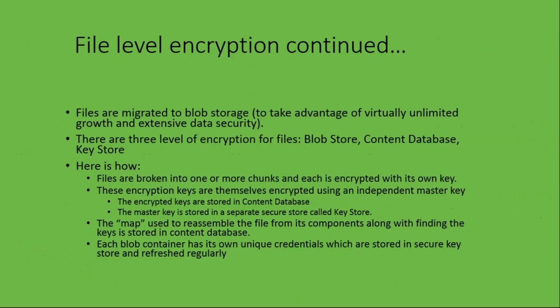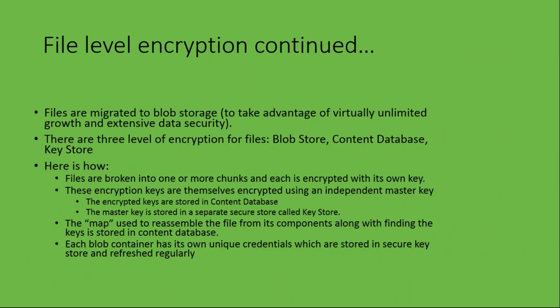Let's further understand how this data-level or file-level encryption is maintained in Office 365. We will see how Microsoft is storing and encrypting the files. First of all, the files are stored in blob storage.